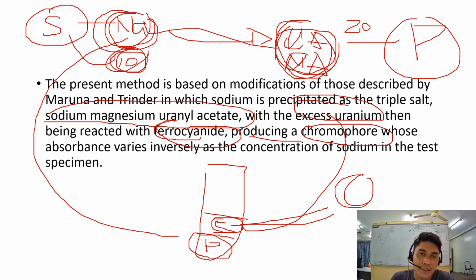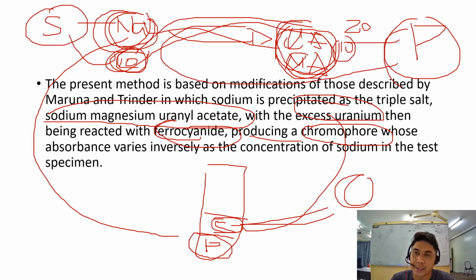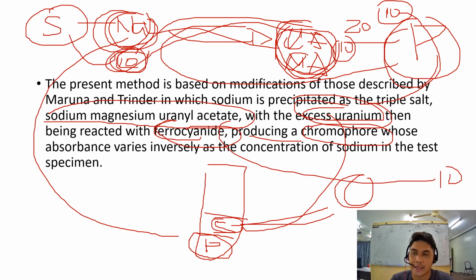So these 10 sodium will react with 10 uranyl acetate to produce precipitation. So the free uranium is 10. Once ferrocyanide is added to the excess uranium, the intensity of the color is 10, because there are 10 free uranium.